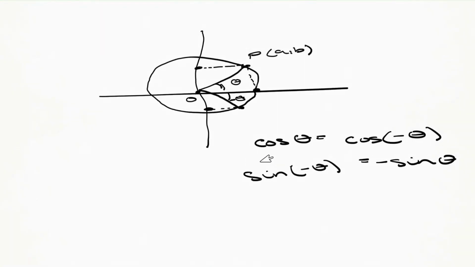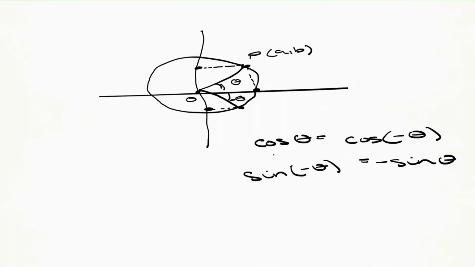And that's why you have this identity: the cosine of theta is going to be the same for the negative angle. However, the sine of the angle will be negative the sine of the positive, right? So that's two identities there.